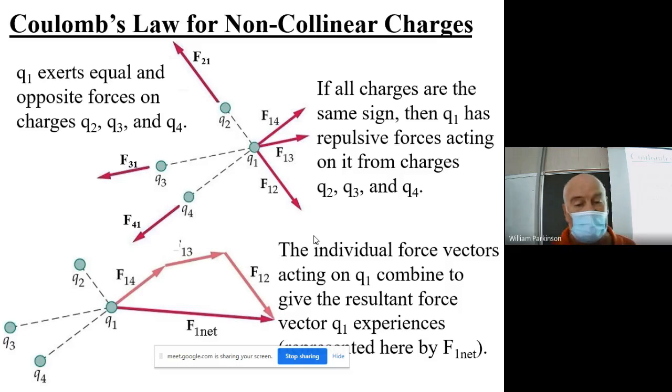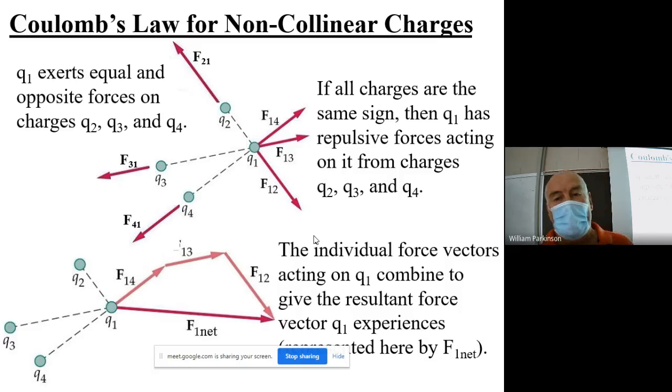So Fnet has a combination of F14, F13, and F12, and you can notice Fnet is way longer than either F14, F13, or F12. That's telling you something about the magnitude of Fnet. Q1's getting pushed pretty hard, is what we're saying. And the direction that it's ending up being pushed is shown by the direction that Fnet is pointing in.